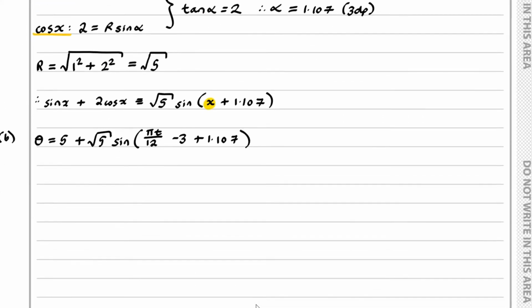And if we simplify all this, you'd find that theta is equal to 5 plus root 5 times by the sine of pi t over 12.